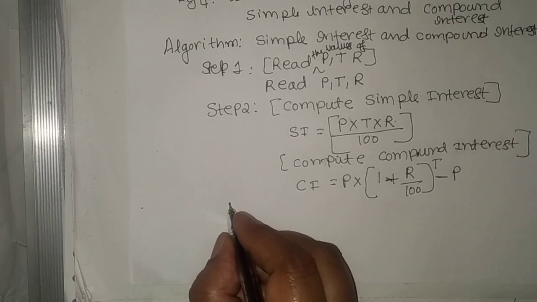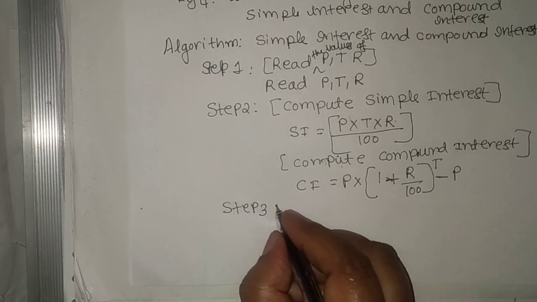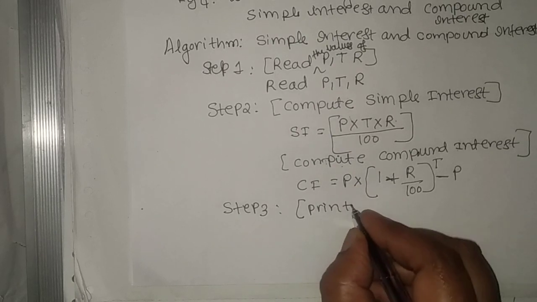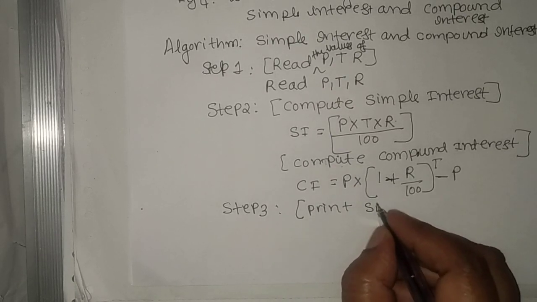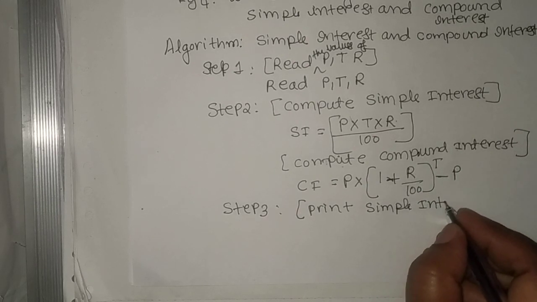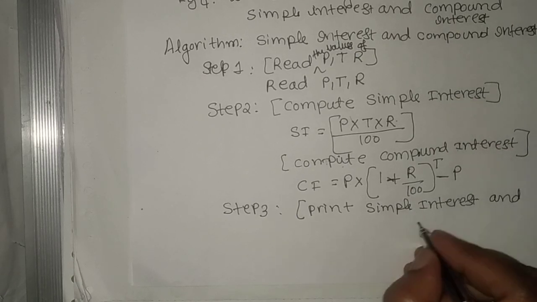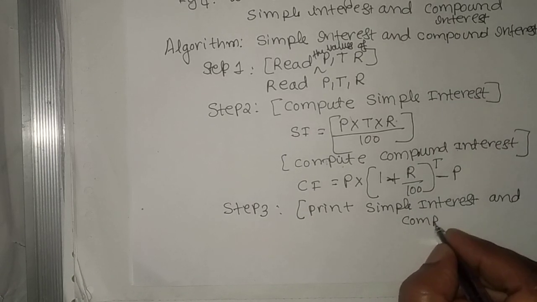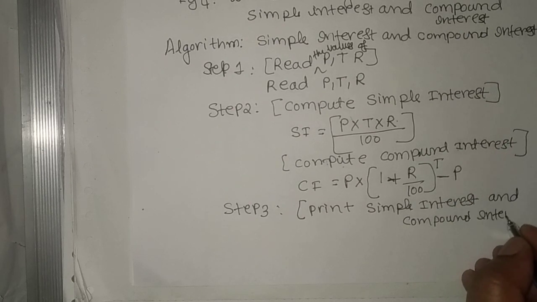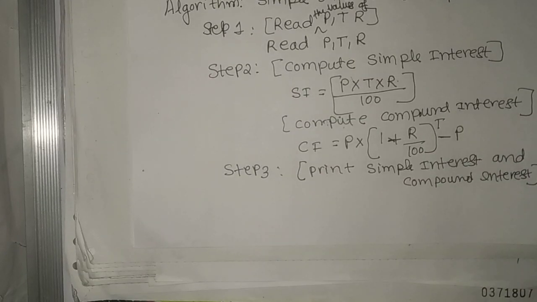So we calculated compound interest and simple interest. So finally step 3 is print simple interest and compound interest.